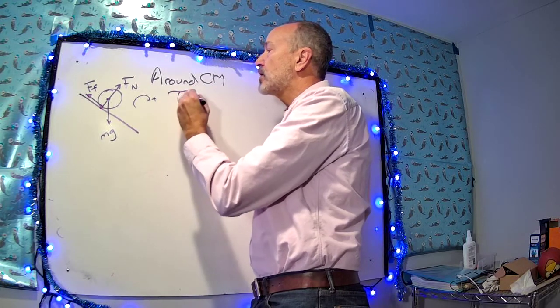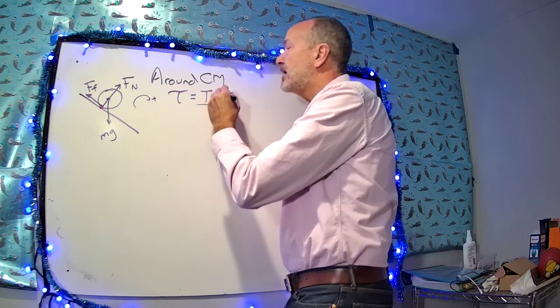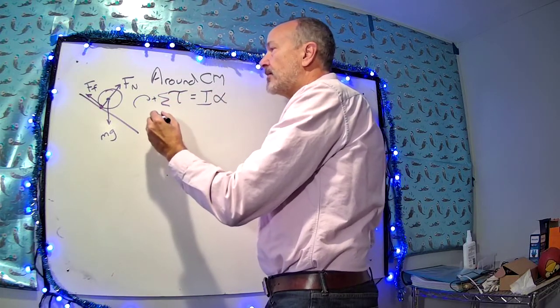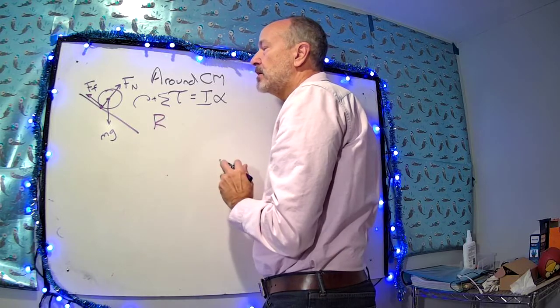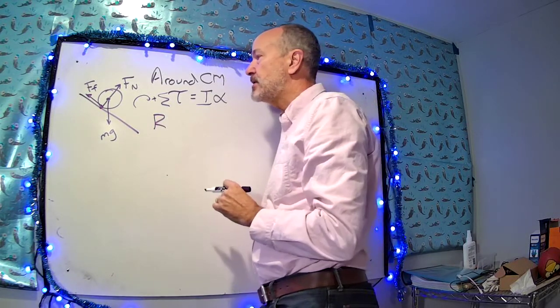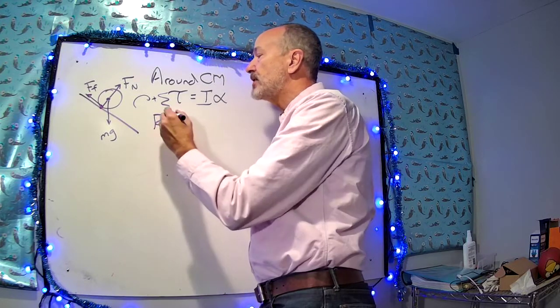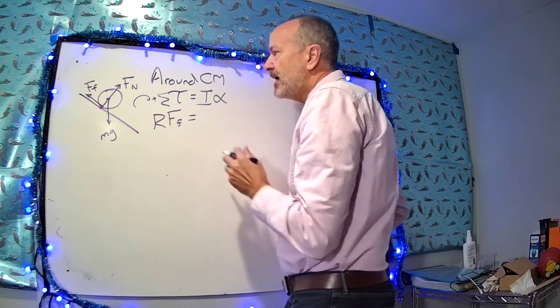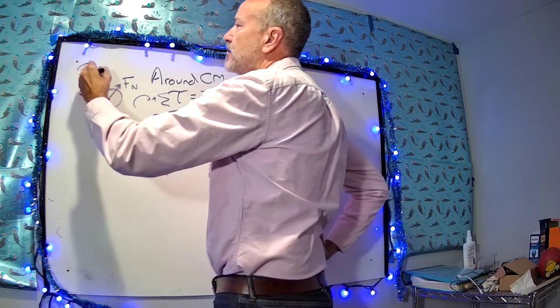So the sum of torques equals I alpha. The only torque is R, I'm going to use capital R, the radius of the sphere or ball or whatever this thing happens to be, times the force of friction, equals I. And let's say this is a sphere.